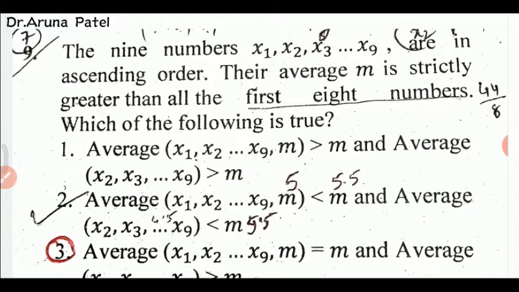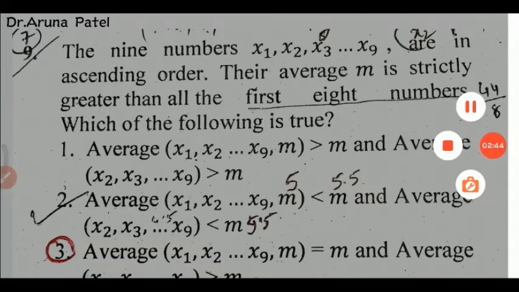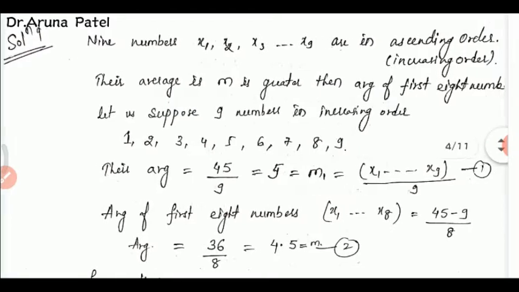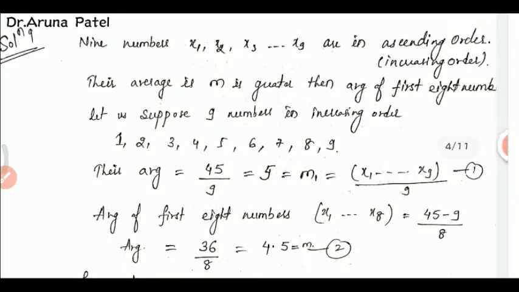So first we have to understand the terminology of this question. So the solution is, 9 numbers x1, x2, x3, up to x9 are in ascending order, meaning increasing order. The average m is greater than the average of the first 8 numbers. So let us suppose the 9 numbers are in increasing order, so it may be 1, 2, 3, 4 up to 9.